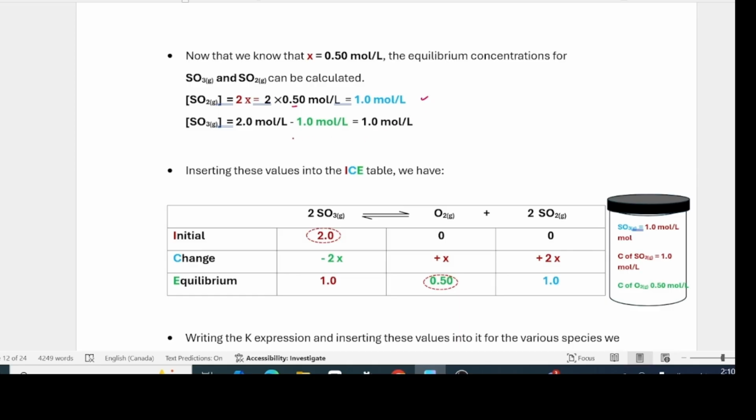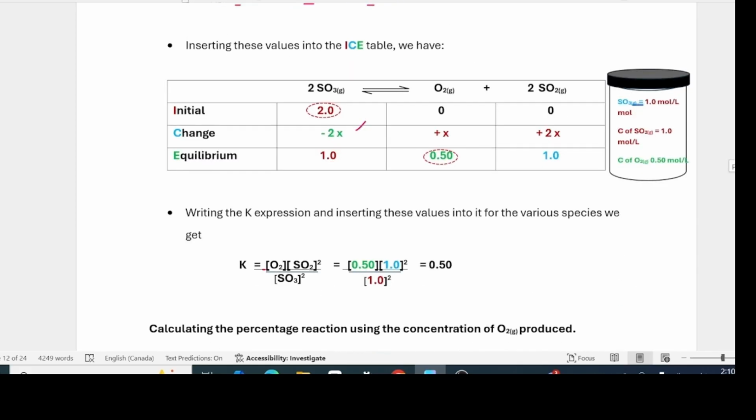The amount of sulfur trioxide that remains will be equal to 2 minus 2x, and we know that 2x is equal to that, and this is what will remain for sulfur trioxide. So looking at the equilibrium concentrations, we'll have that concentration of sulfur trioxide remaining, that for oxygen, and that for sulfur dioxide.